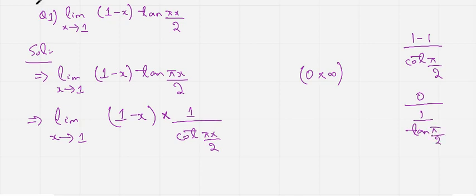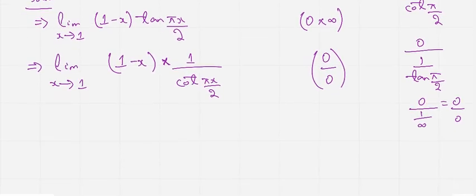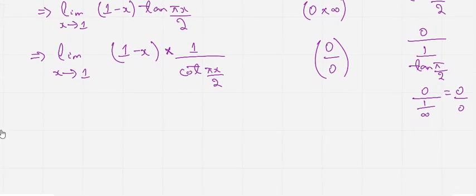So it is 0 upon 1 upon infinity, which is actually 0 upon 0, right? I'm not going to show this whole working, of course. I will simply write the indeterminate form, which is this. Now I'm going to use L'Hopital's rule of differentiation, so I differentiate my numerator and denominator separately.